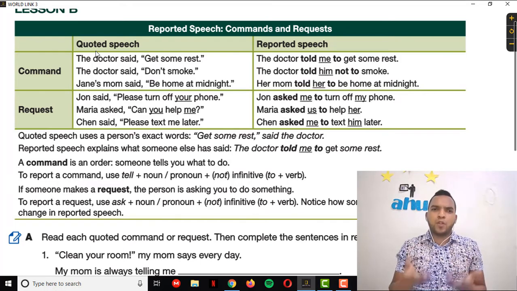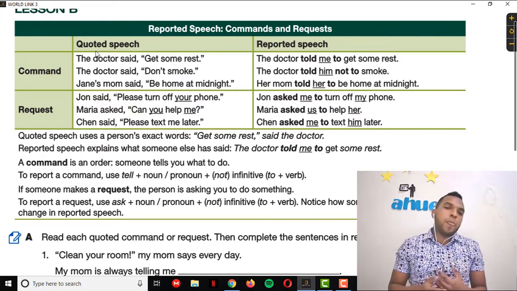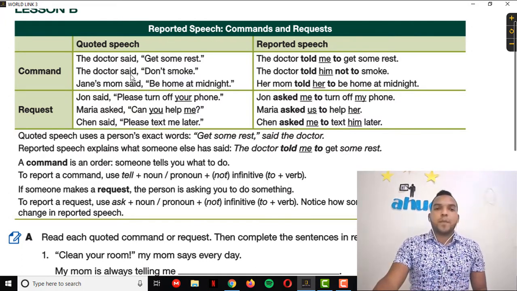Okay, so I'm going to say the quoted speech of that: Louis said, "I like your class." Because I'm talking in this case about what he exactly said about me. And when you have this part, remember all the time this is quoted speech.